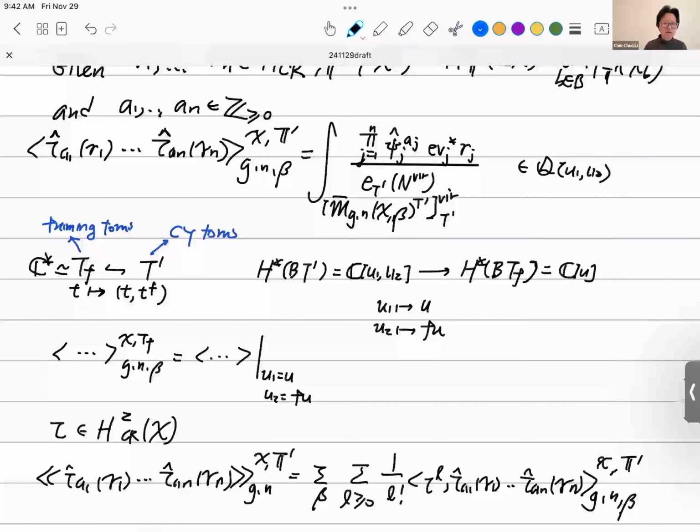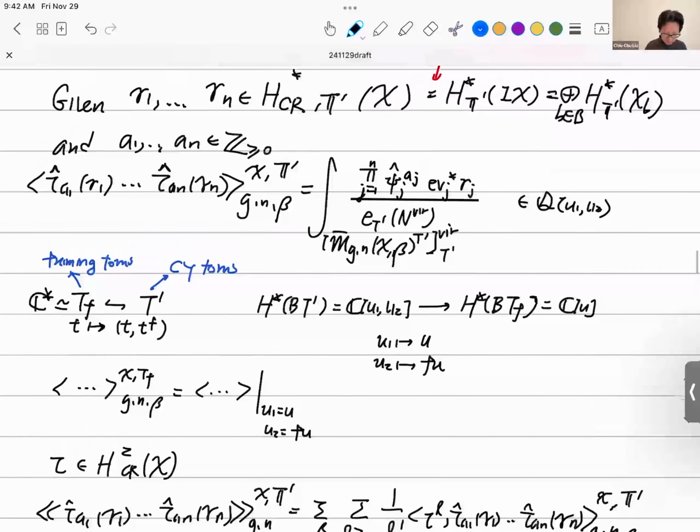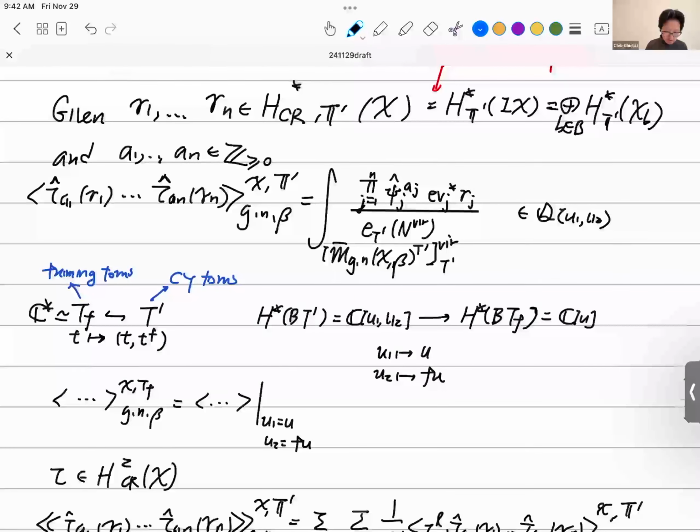Now let tau be a second cohomology class. This is the extended Kähler parameter. So this is a single correlator.